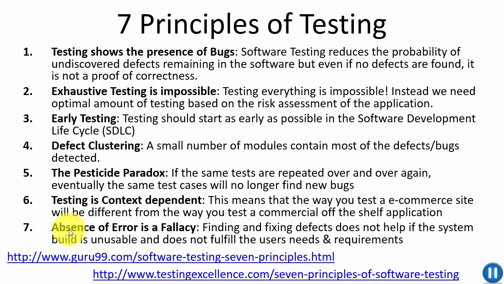So number 7, absence of error is a fallacy. So finding and fixing defects does not help if the system built is unusable and does not fulfill the user needs and requirements.